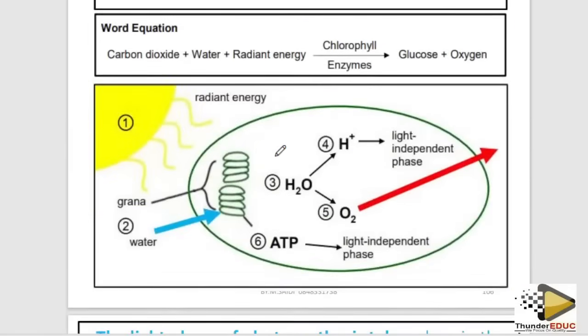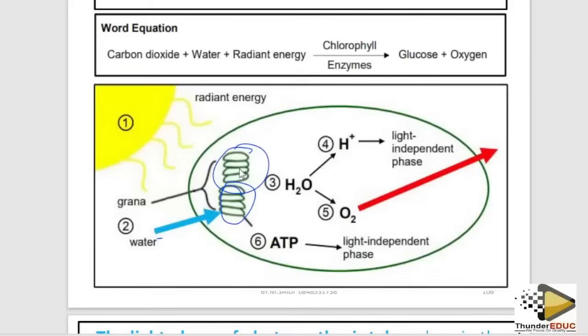In the light phase, the first thing which occurs is the light will be trapped by the thylakoids, the grana. The light phase occurs in the grana, while the dark phase occurs in the stroma.